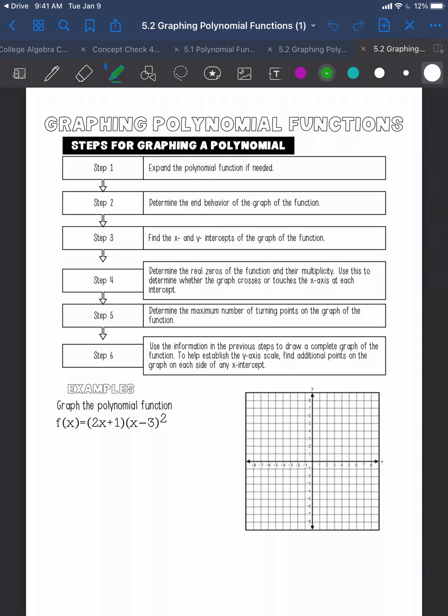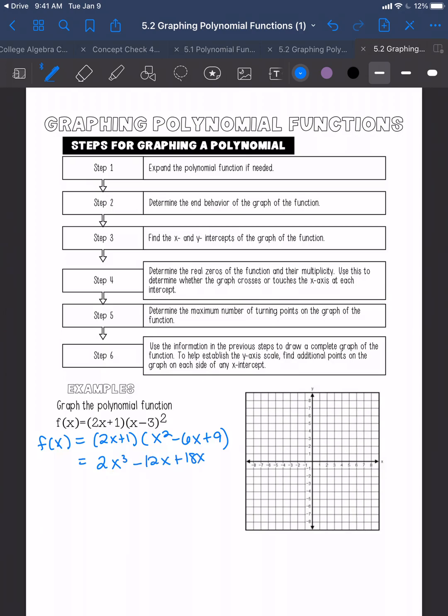So the first thing we have here, we're going to graph this polynomial. We can go ahead and expand it. We'll just expand this one. We won't expand our other ones. And if we do that, we get 2x plus 1 times x squared minus 6x plus 9. That would be 2x cubed minus 12x squared plus 18x, plus x squared minus 6x plus 9.